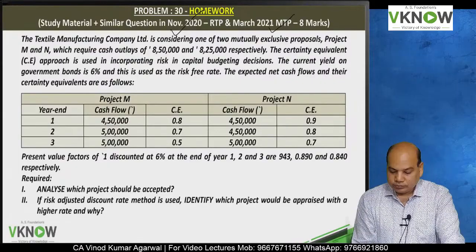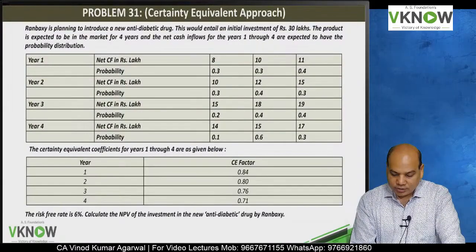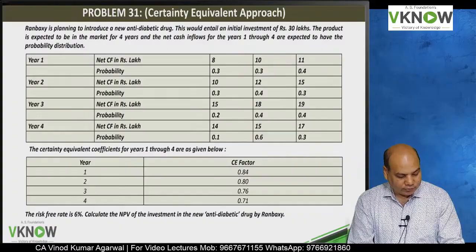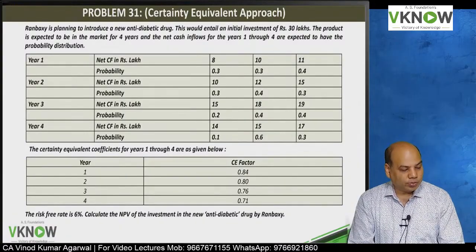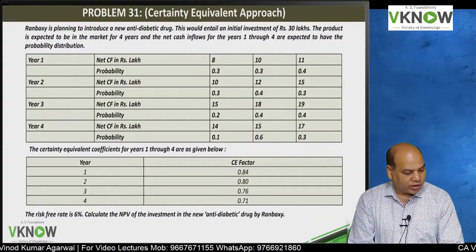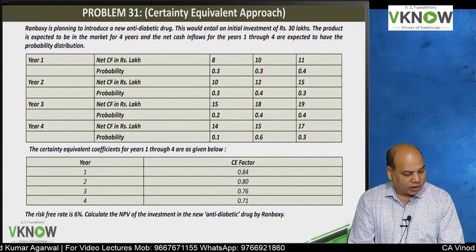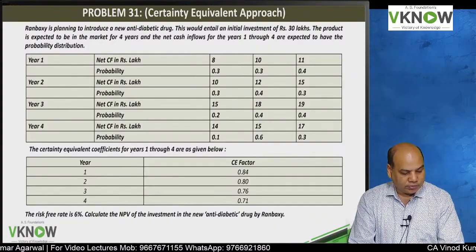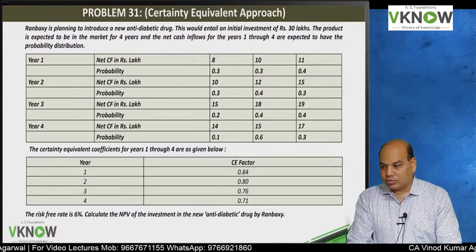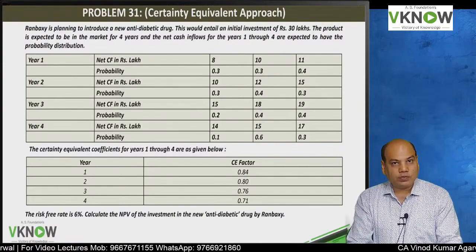Okay. Question number 31, this I will solve. Please must do 2 questions in the notebook, because they are 100% the same. I have no value addition to be done. Question number 31 I will solve in the book only.